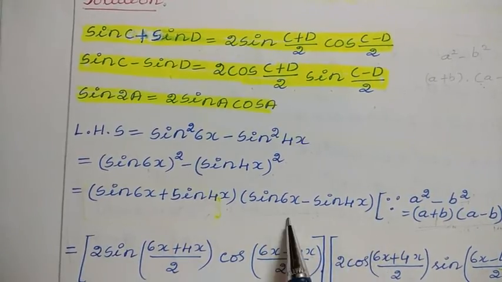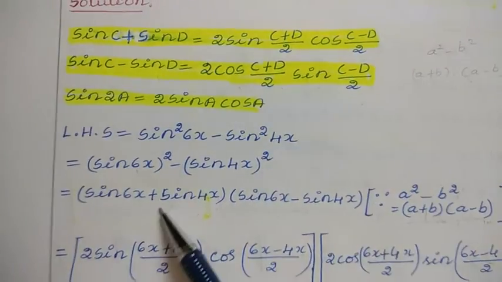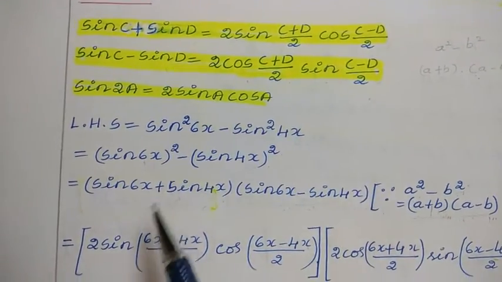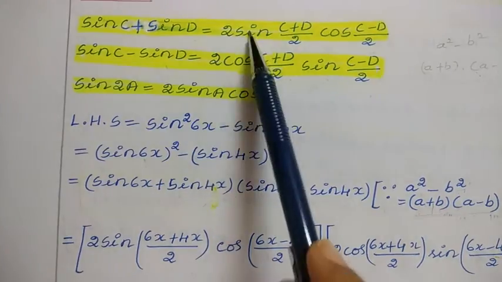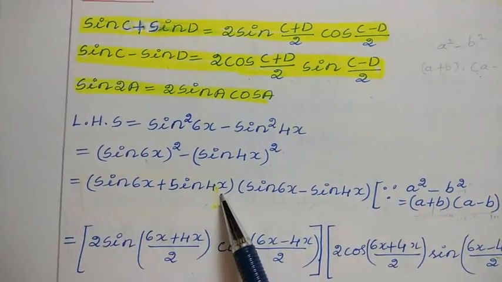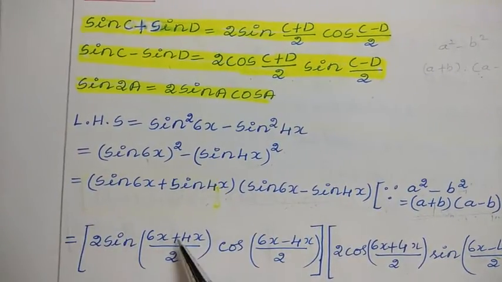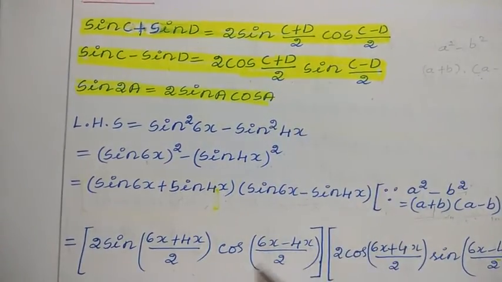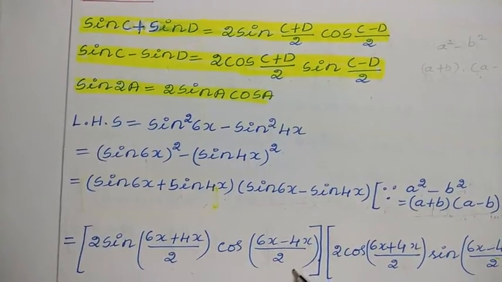Now for these two, apply the formulas. For the first one, apply the first formula, and for the second one, apply the second formula. So if I apply the first formula, this is C and this is D: 2 sine (6x plus 4x) divided by 2 into cos (6x minus 4x) divided by 2.